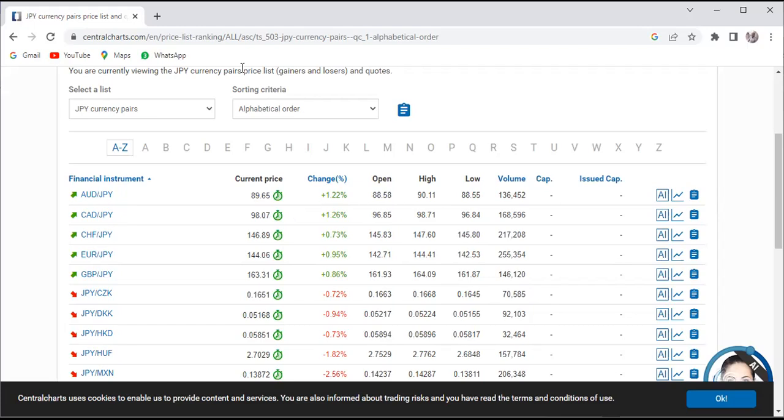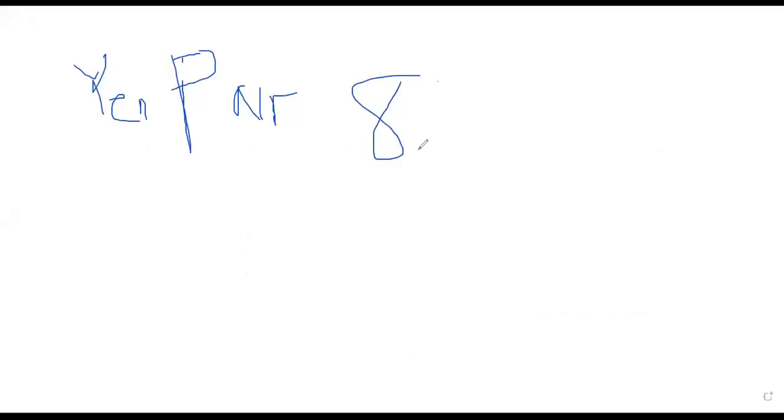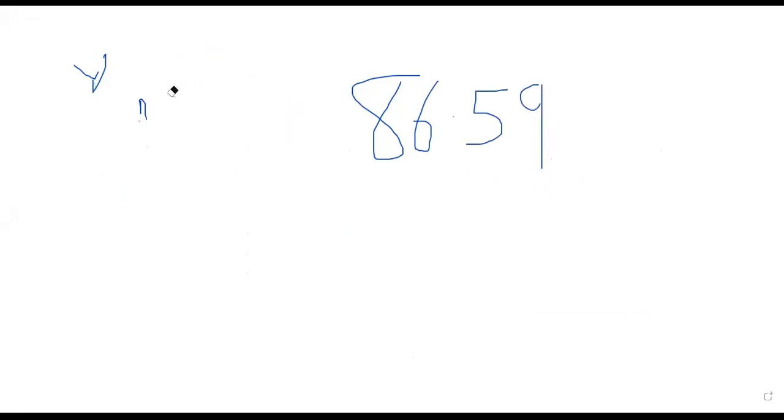Let me show you what I mean. Can you see? The pip calculation for yen pairs is quite different.